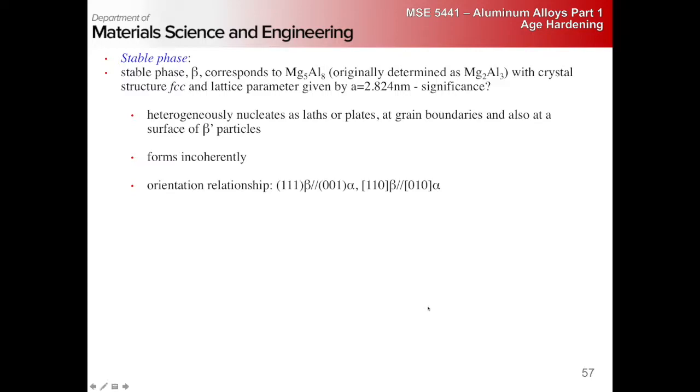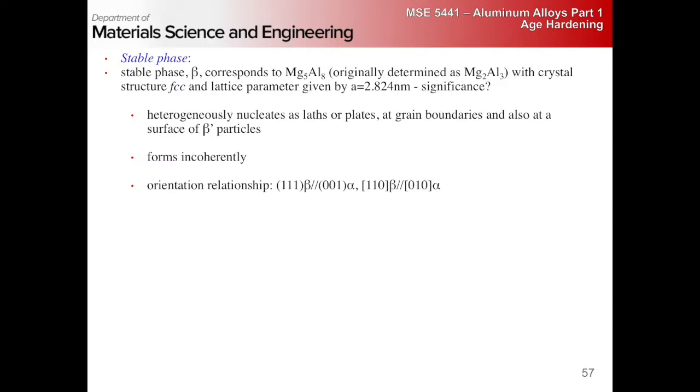And the lattice parameter is 2.824. Why is that significant? But think about it with respect to the lattice parameter of plain aluminum, and it might make a little sense. If not, ask.